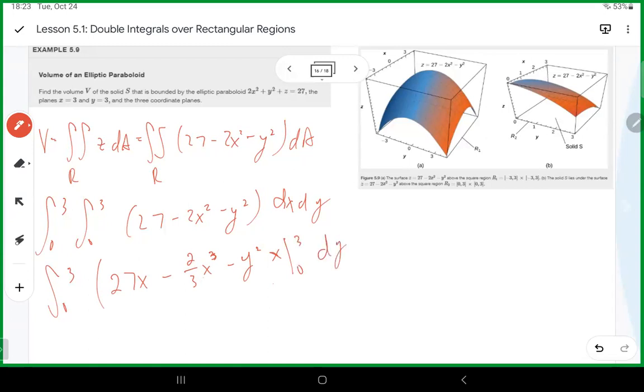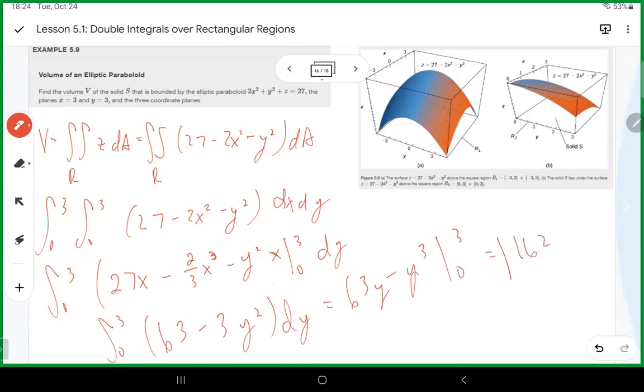If you work out what you plug in, you end up getting the integral from 0 to 3 of 63 minus 3y squared dy. So that'll be 63y minus y cubed, because the 3's cancel, from 0 to 3. You work that out and you get 162.